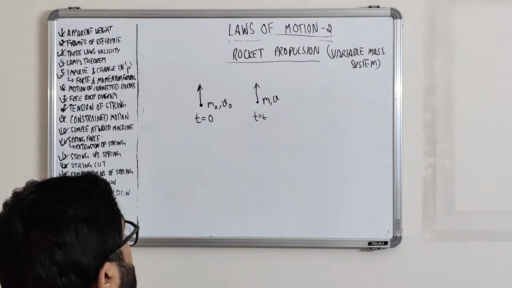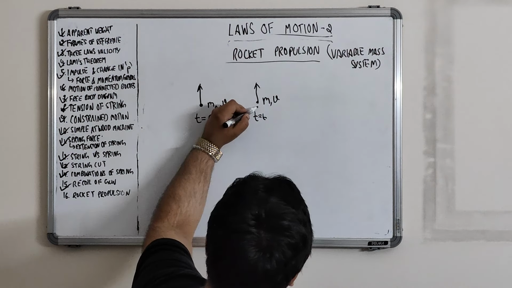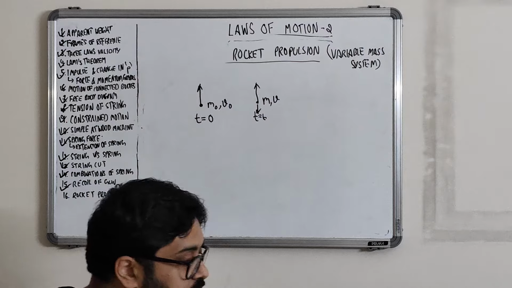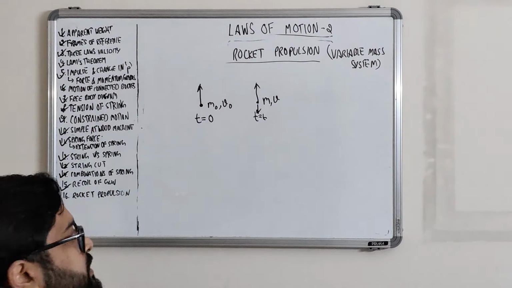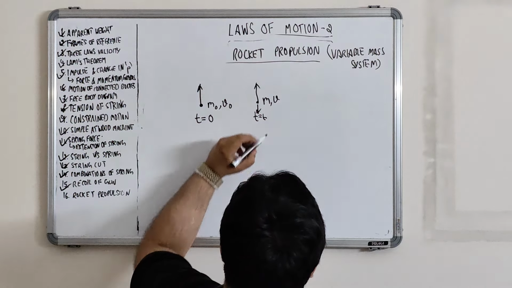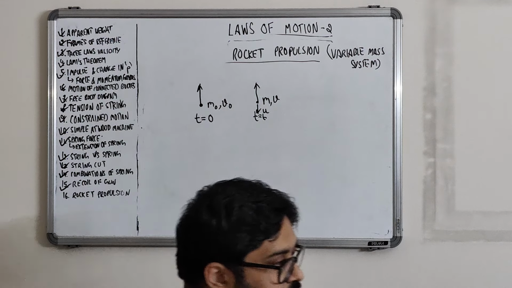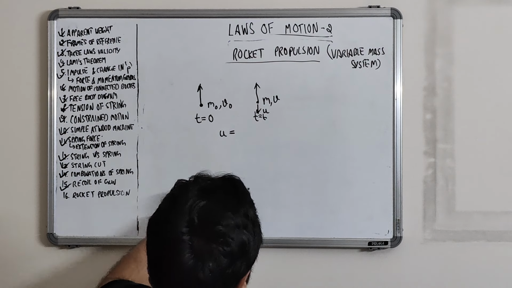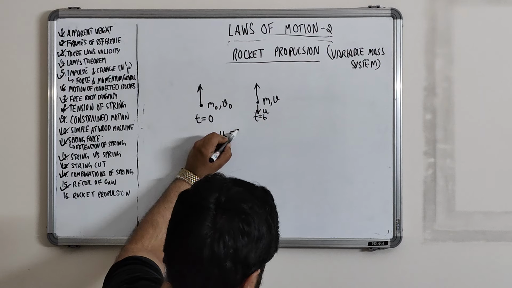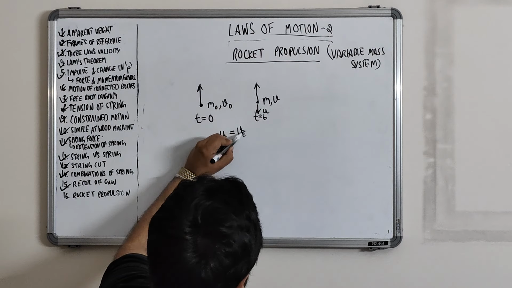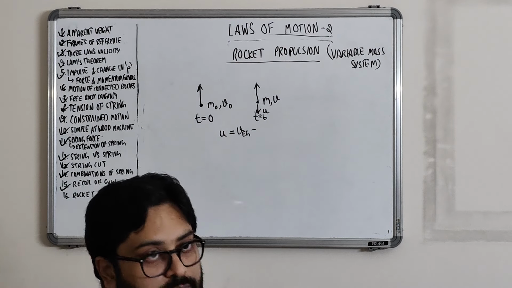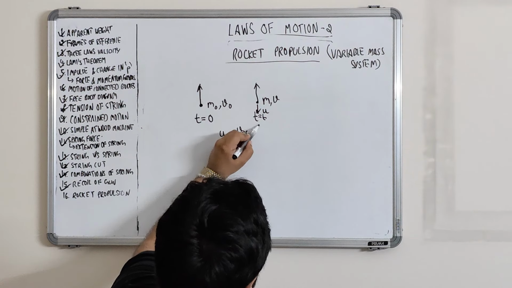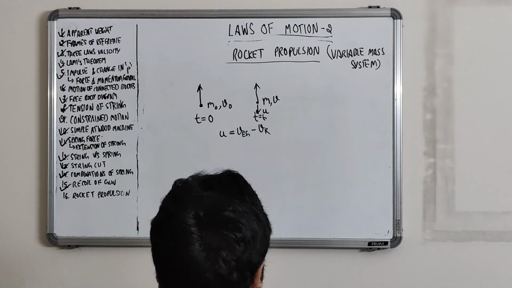And the velocity of exhaust gas, which is constant, is u. So now value of u is equal to velocity of exhaust gas with respect to ground minus velocity of rocket with respect to ground.